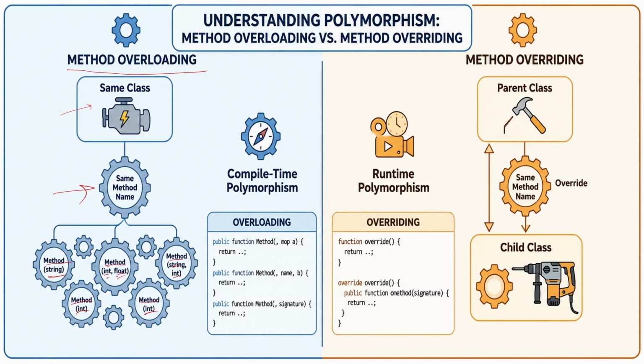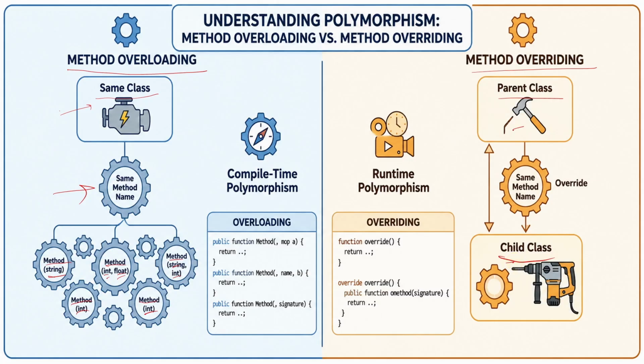What is the rule of method overriding? In method overloading, we are using the same class for defining all these methods. But in method overriding, we will have a parent class and child class concept, inheritance. So we will have some method in the parent class and we will override the same method in the child class.